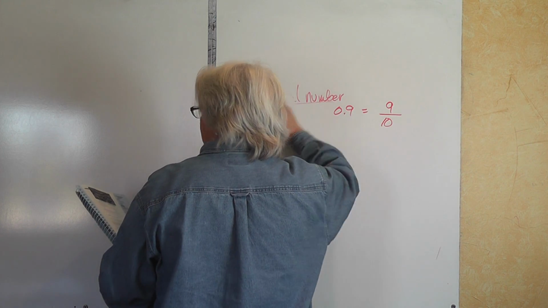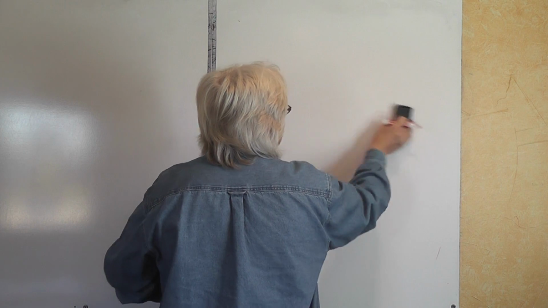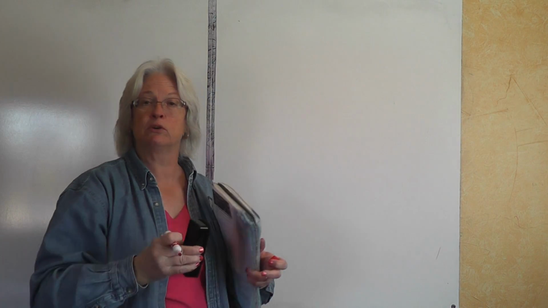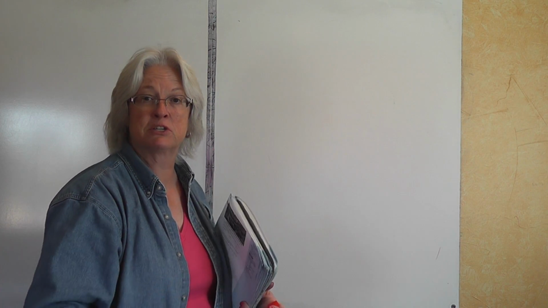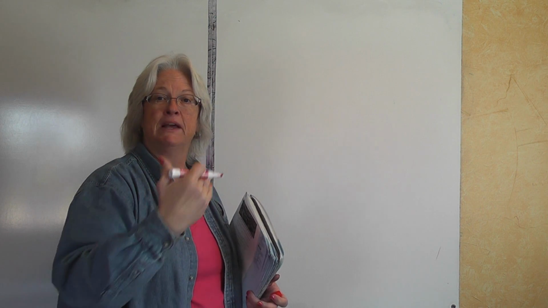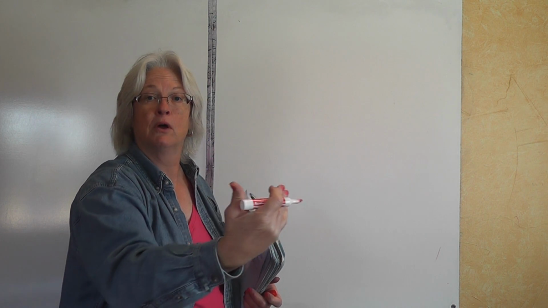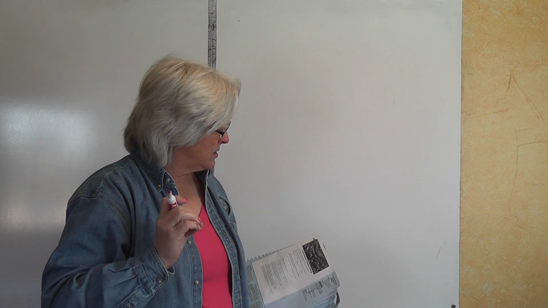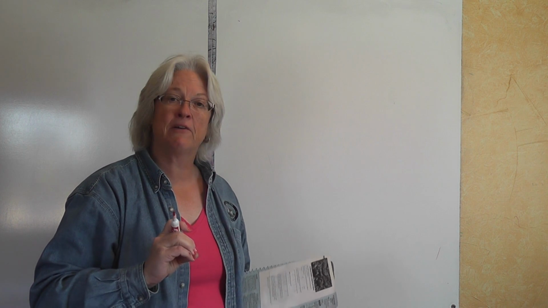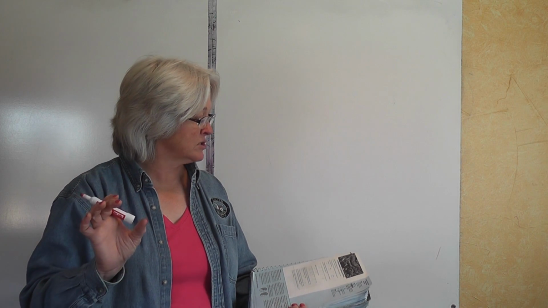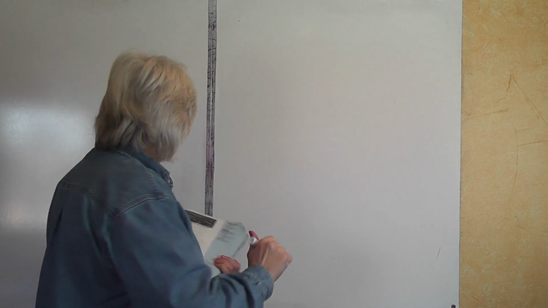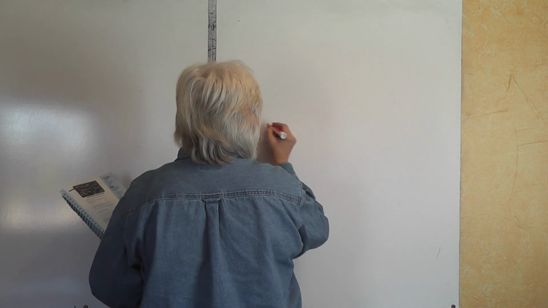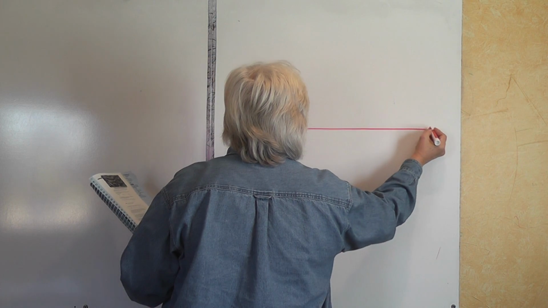And what we're doing in this section is comparing rational numbers, seeing which is bigger, which is smaller, and also placing them in proper order on the number line. Our book tells us that you can graph rational numbers expressed as fractions or as mixed numbers on the number line. So let's just go ahead and look at this.